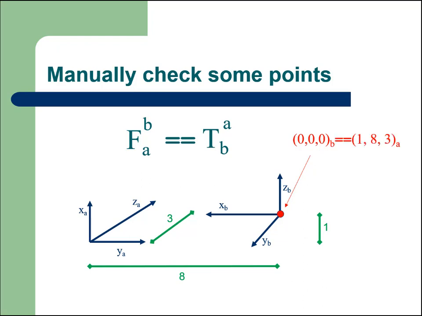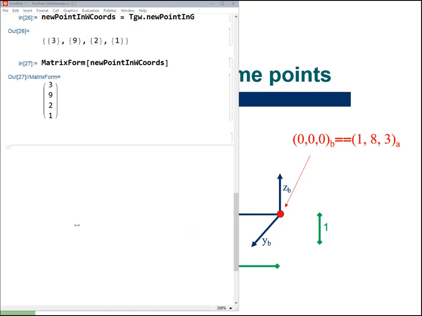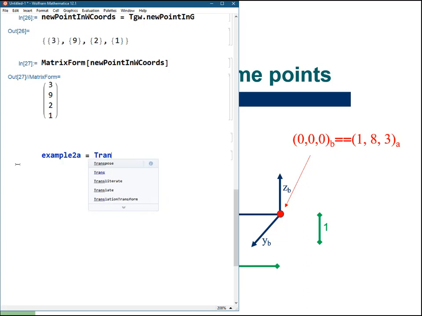Now let's pull in Mathematica and try it out. We'll call it example 2a, because it was our first go at this, equal to trans of 1, 8, 3, matrix multiplied by rot x of negative 90, which is negative pi over 2, matrix multiplied by rot y of pi over 2.